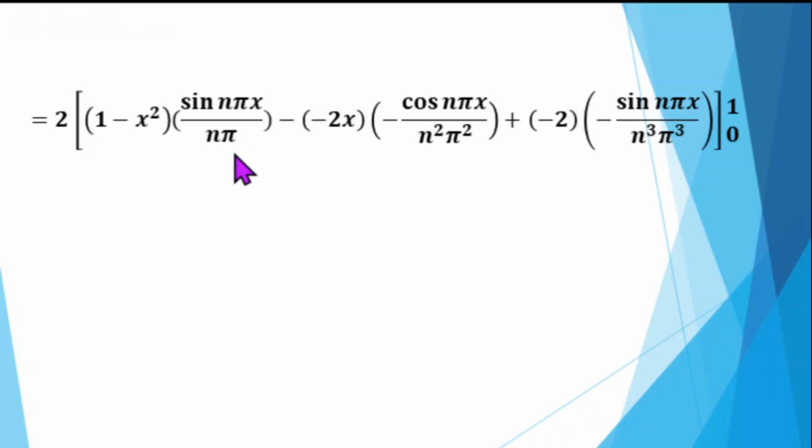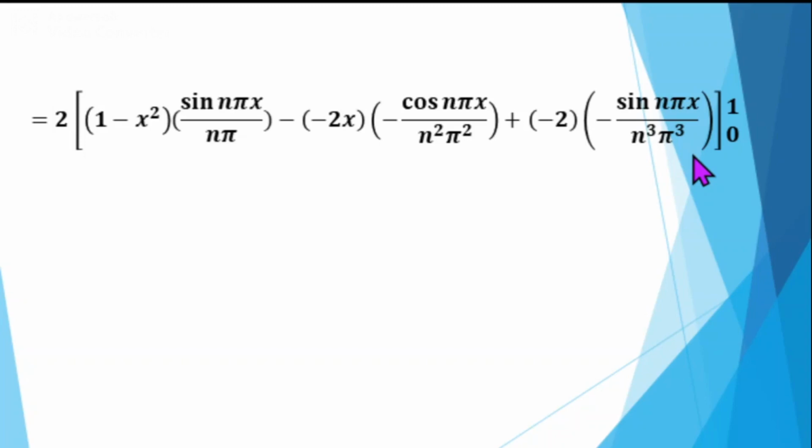Next we have the term u double dash v3, u double dash is the derivative of u dash, that is the derivative of minus 2x, minus 2, and v3 is the integral of minus cos n pi x by n square pi square, which is minus sin n pi x by n cube pi cube.